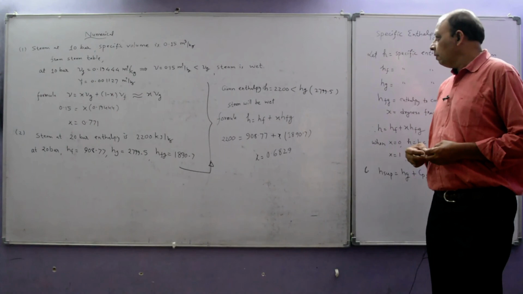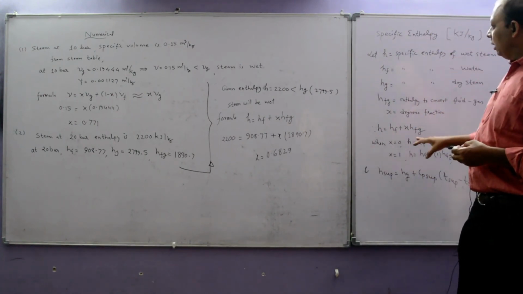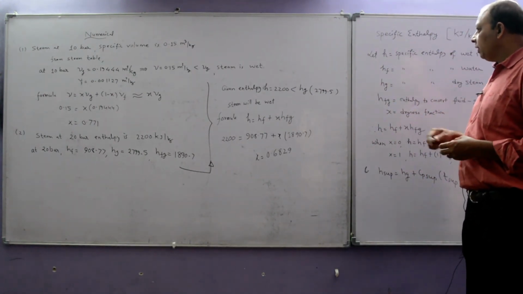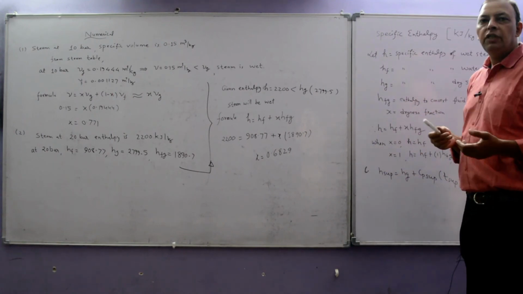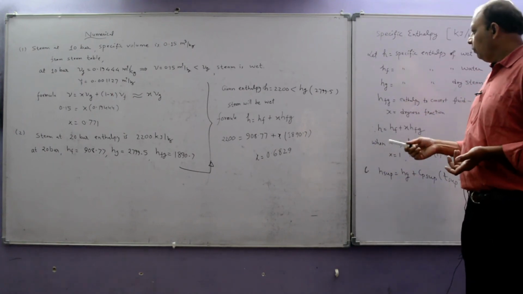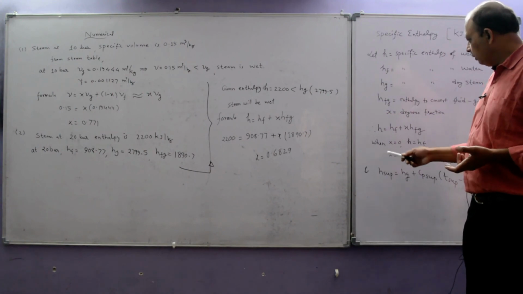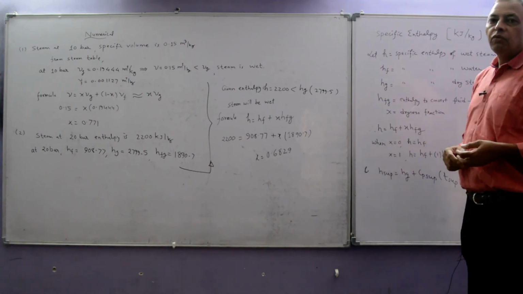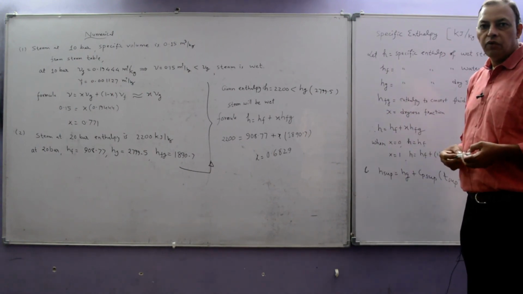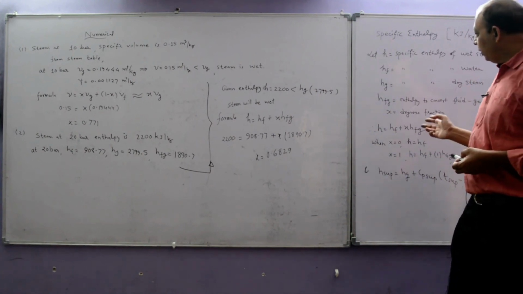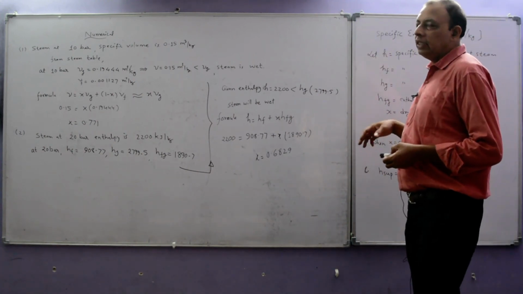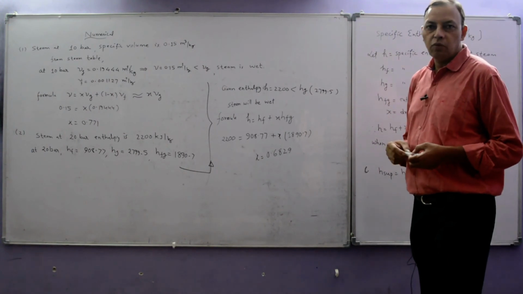In the steam table, in case of enthalpy, the values of Hf, Hg and Hfg are given. If we know the value of X, then with the help of this formula we can calculate the specific enthalpy of wet steam. And when X is not given, we can calculate it with the help of this formula.